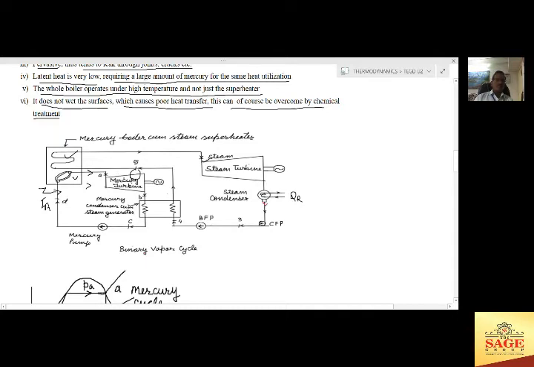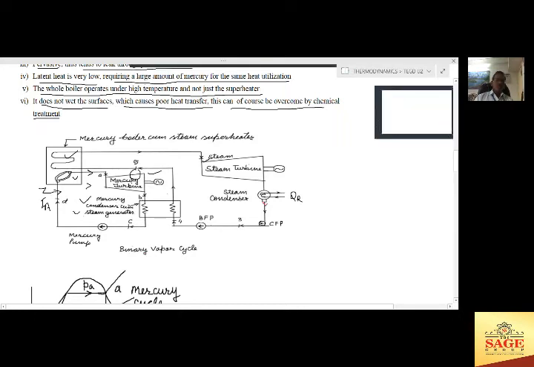The first cycle is the mercury cycle. Here this is the mercury boiler. The mercury boiler produces the mercury steam that passes through this mercury turbine to produce some work. Then the exhaust mercury steam will pass through this heat exchanger, called the mercury condenser cum steam generator.